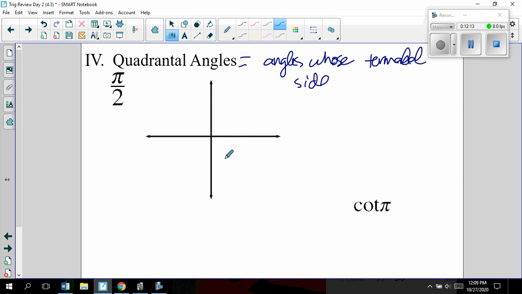When I went 330 degrees and I drew that line, that's the terminal side. For example, anything with pi over 2, because pi over 2 is 90 degrees, which is right here. So anytime you fall on an x or a y axis, those are quadrantals.